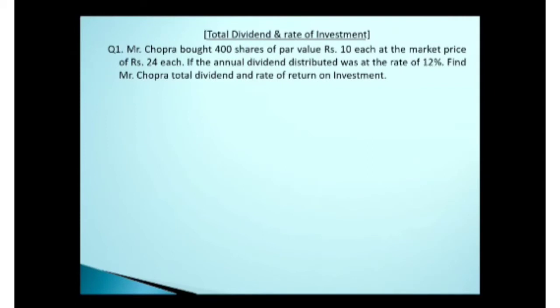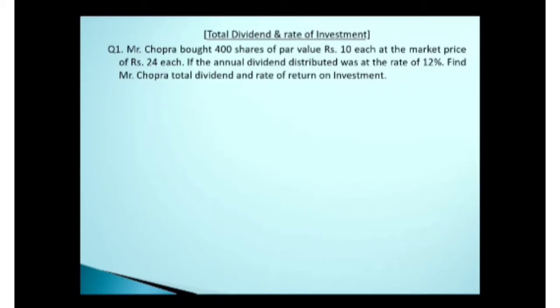Just take down this question in your notebook, and then we will see how it is solved. The question is: Mr. Chopra bought 400 shares of par value rupees 10 each at the market price of rupees 24 each.